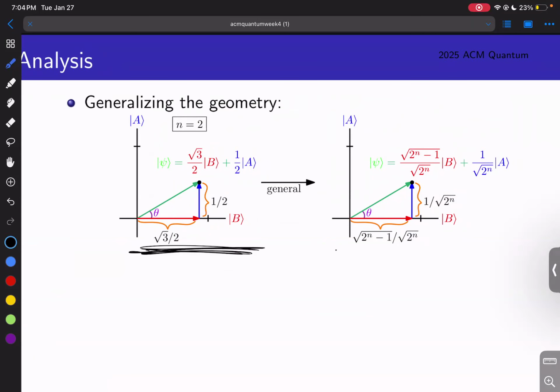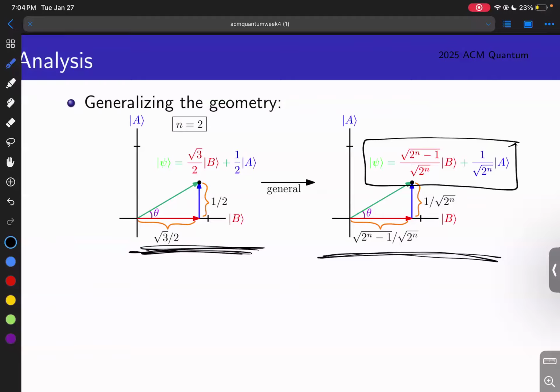But in general, this is what it'll look like for a general n, where when we apply a Hadamard layer at the beginning, the component in the B direction is root 2 to the n minus 1 over root 2 to the n, and the component in the A direction is 1 over root 2 to the n. So this would be the expression of that vector in the general case. And this is n equals 2.